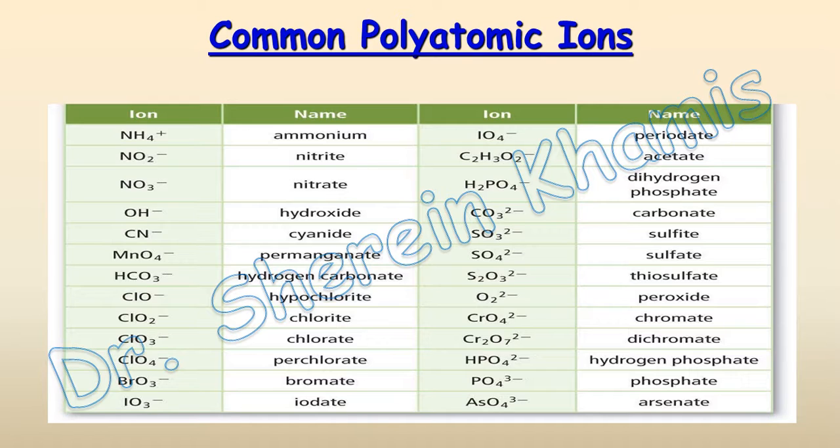We have nitrite NO2 negative, nitrate NO3 negative, hydroxide OH negative, cyanide CN negative, MnO4 permanganate, HCO3 hydrogen carbonate, or some say bicarbonate, ClO hypochlorite, ClO2 chlorite, ClO3 chlorate, ClO4 perchlorate, BrO3 bromate, and IO3 iodate.